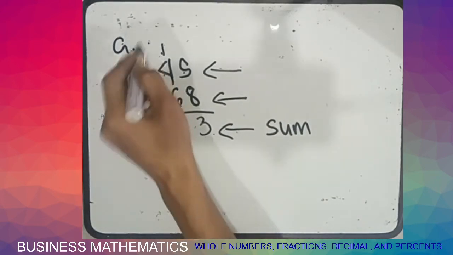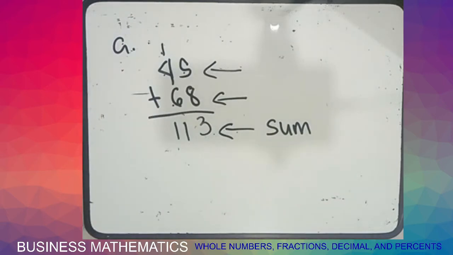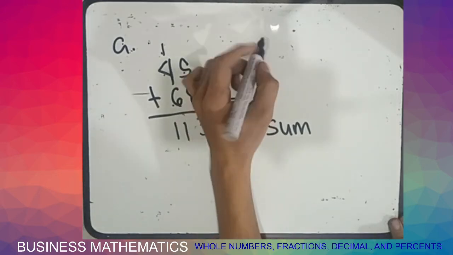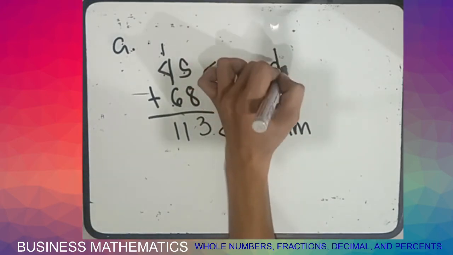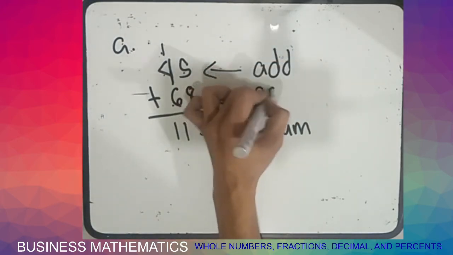Next. Anong tawag dito sa dalawang to? Ay, so ano kaya? Ang tawag dyan ay letter A ang simula. Dagdagan natin. Letter D. Ano kaya?